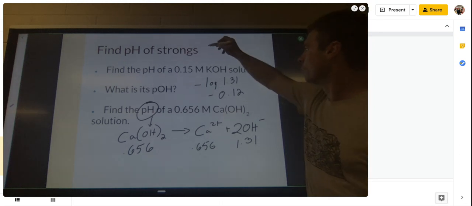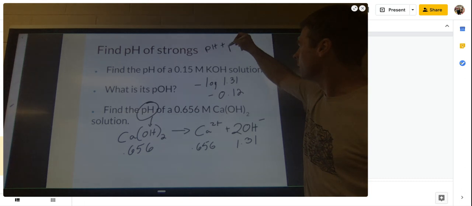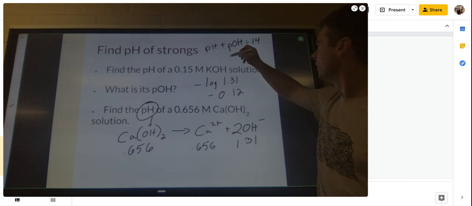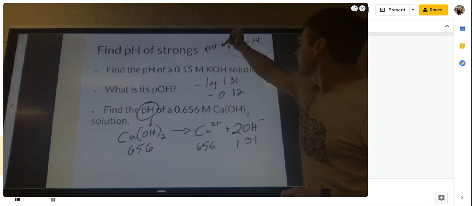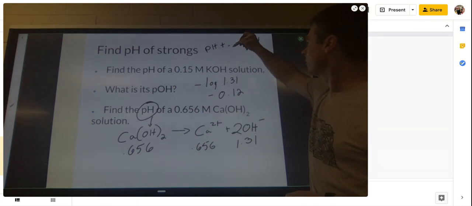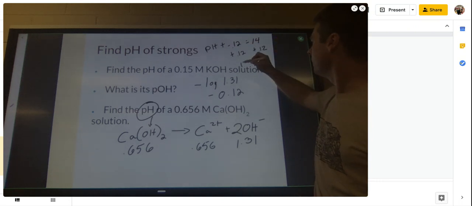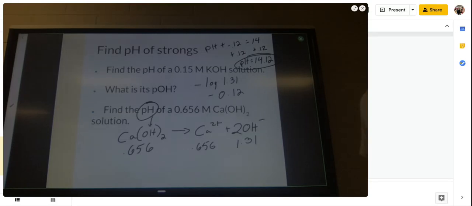Now, we know that pH plus pOH is equal to 14, so if this guy is negative 0.12, we're going to actually add that. So the pH of this solution is about 14.12.